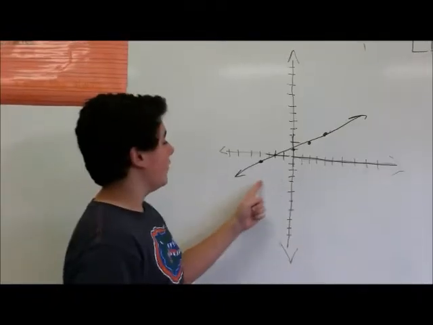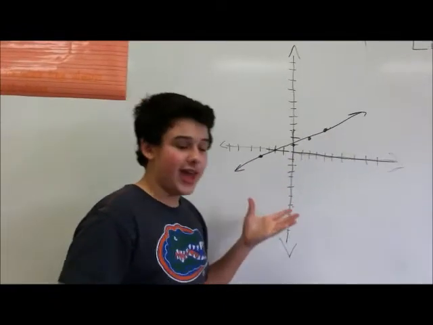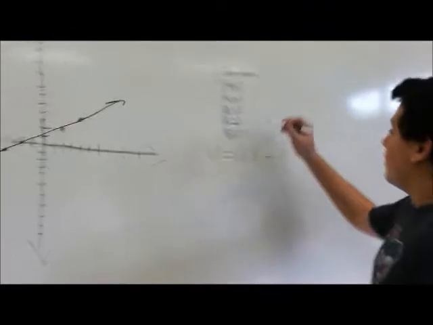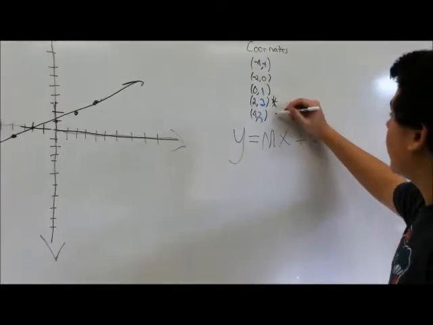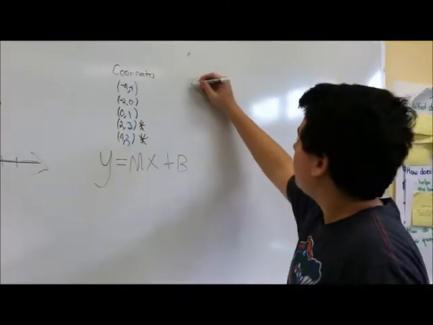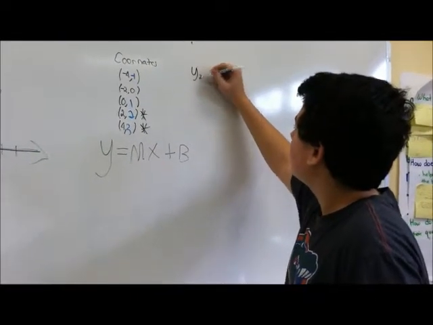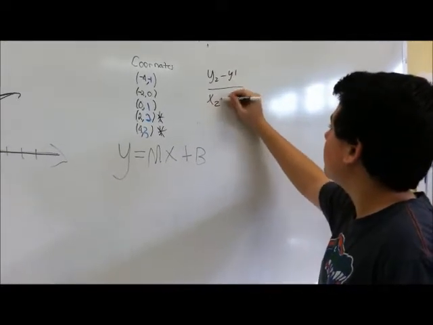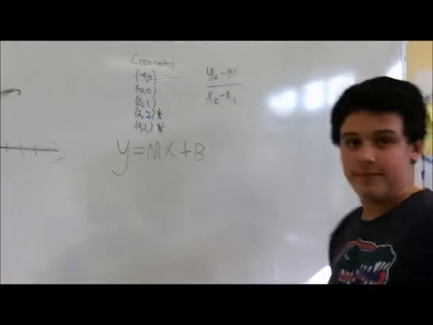You can find the slope with the graph, but luckily we saved you some time with the coordinates over there. So I'm going to use this coordinate and this coordinate. You all know that the slope formula is y2 minus y1 over x2 minus x1.